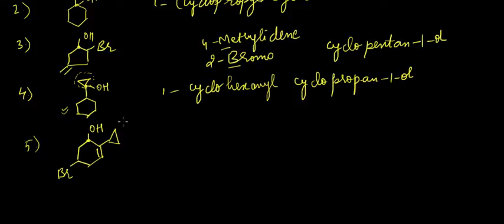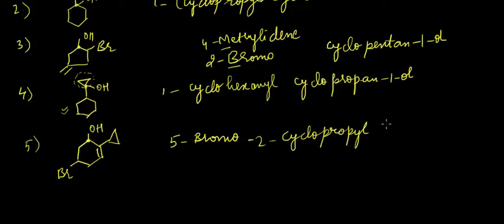So numbering would be in the clockwise direction so as to accommodate the second carbon numbering for the alkene. Okay, so the nomenclature would be 5-bromo, 2-cyclopropyl, cyclohex-2-en-1-ol.